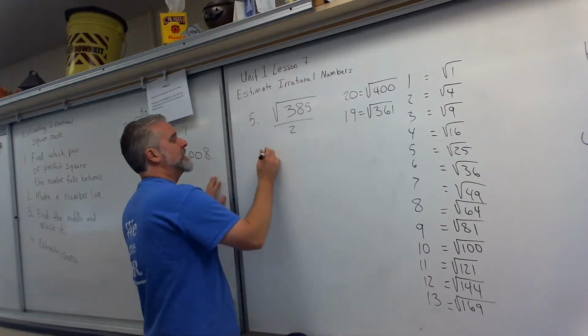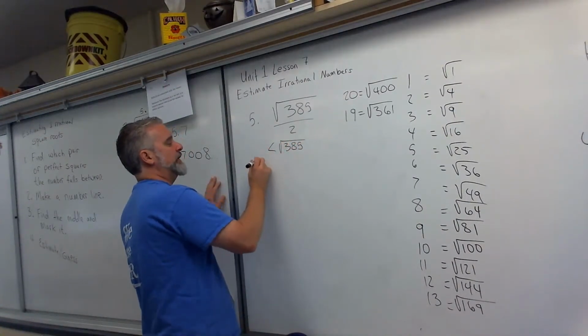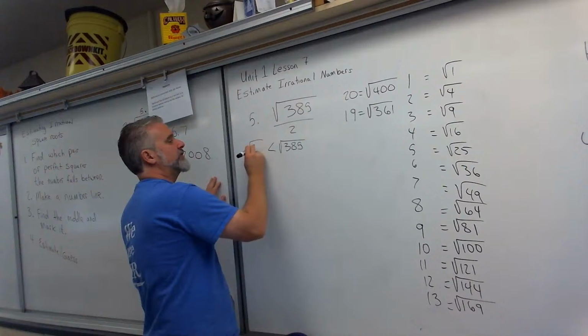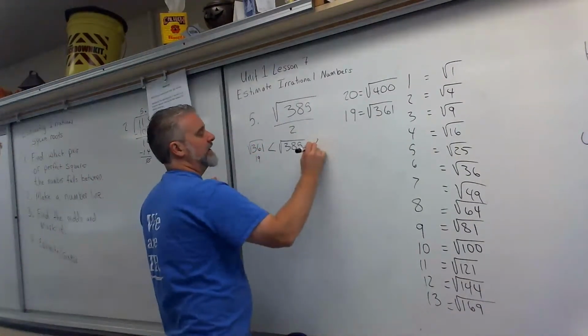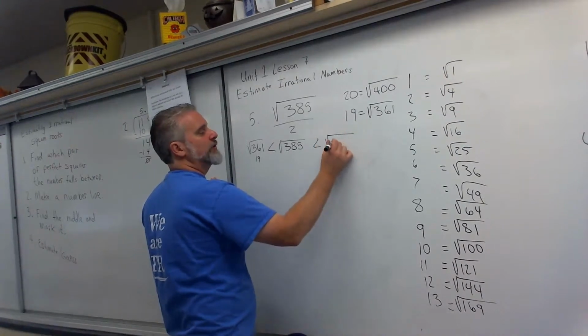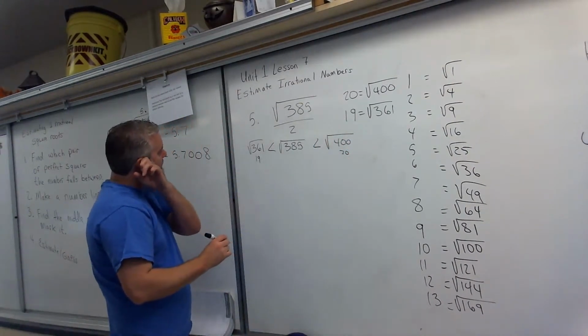So writing this out, just like we've done the others, square root of 385 is greater than square root of 361, which is our 19, and less than square root of 400, which is our 20. So now let's go ahead and make this into a number line.